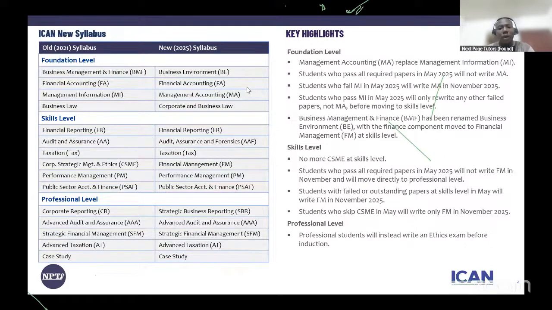However, what we currently have is that BE, business environment, has replaced business management and finance. They scrapped BMF, and the finance component of BMF was moved to FM, financial management, at skills level.